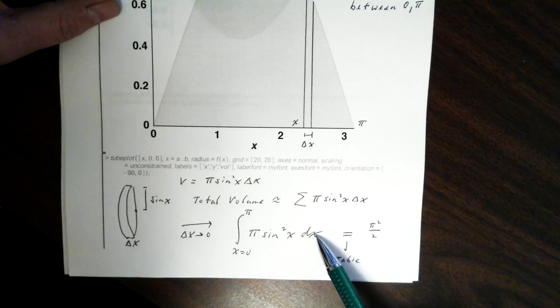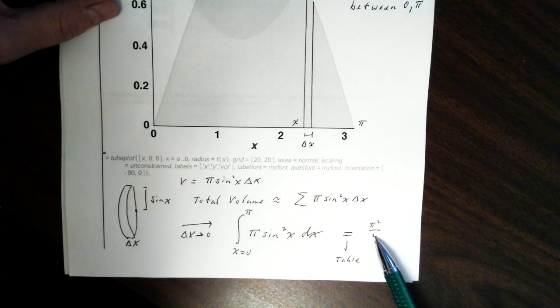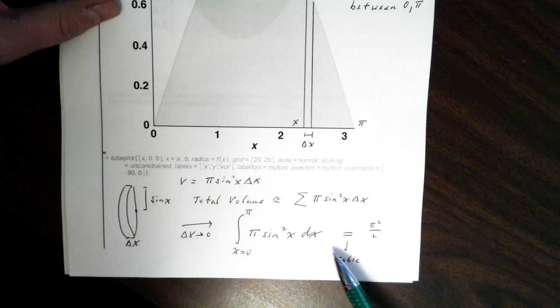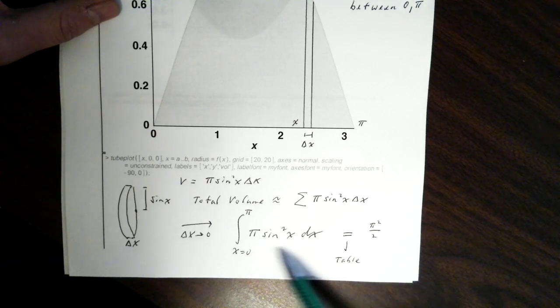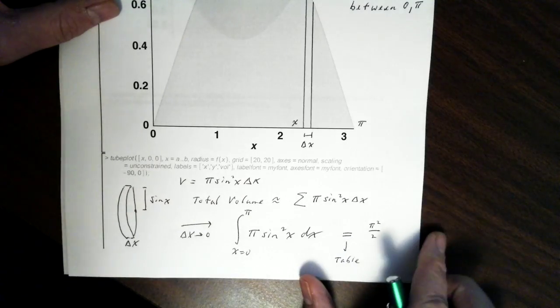The value of this integral is pi squared over 2, which can be computed using an integral table. In this section, we're going to be less concerned with actually computing the volume than with setting up the integral correctly. Let's take a look at another example.